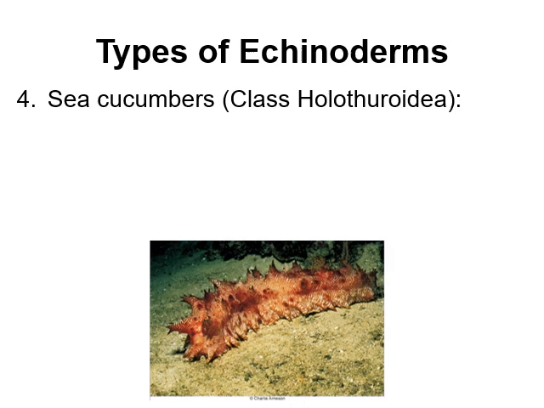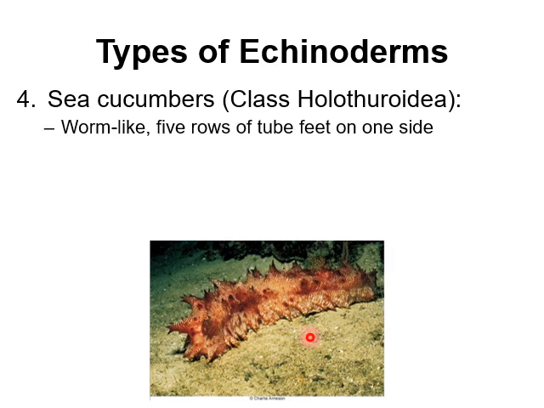Okay, there are the sea cucumbers, the class Holothuridae. When you look at these, they look quite a bit different from the others because they look quite a bit more bilateral. But in fact, if you look on the inside, their inner parts are kind of radial.